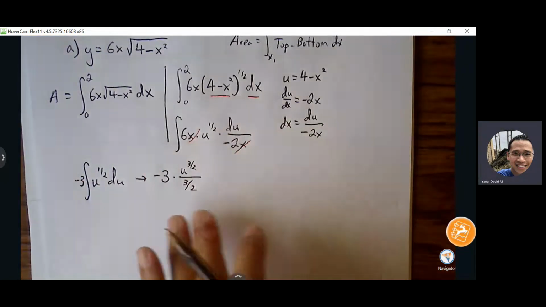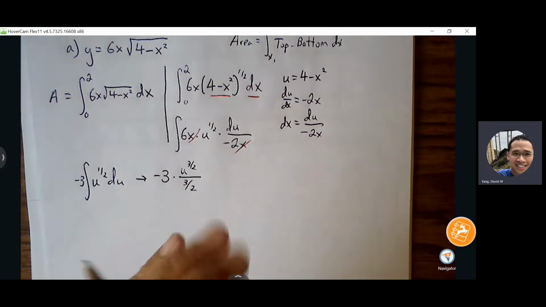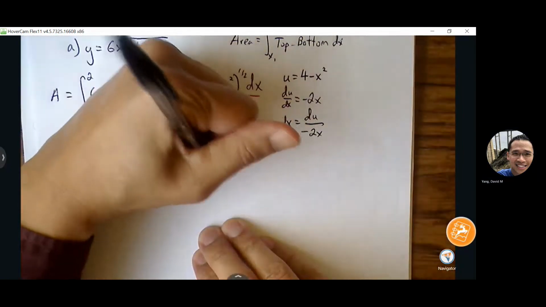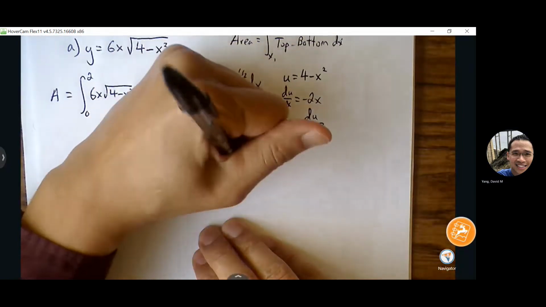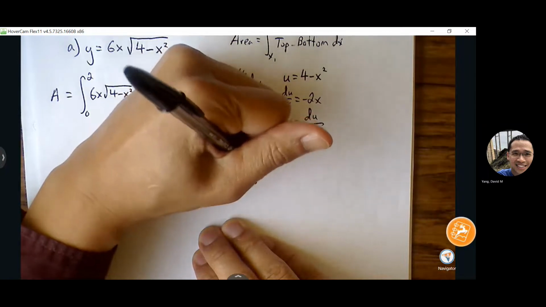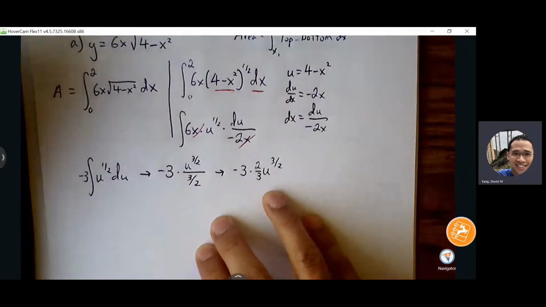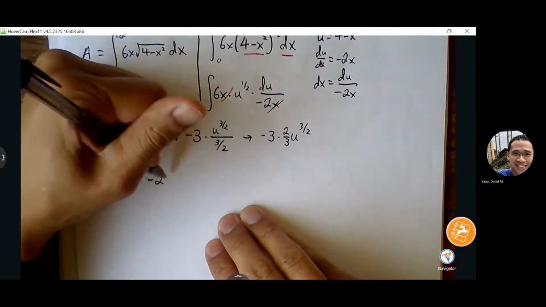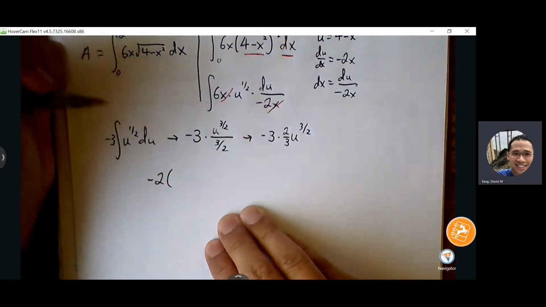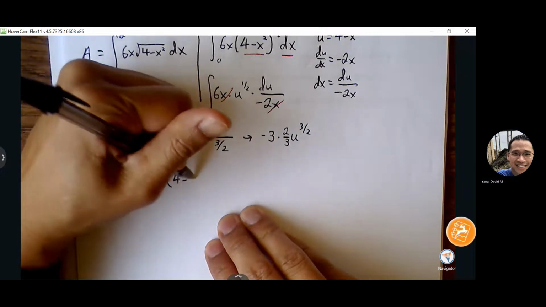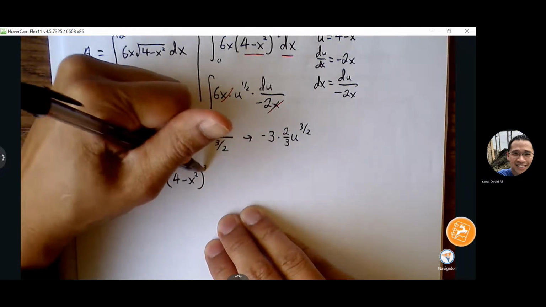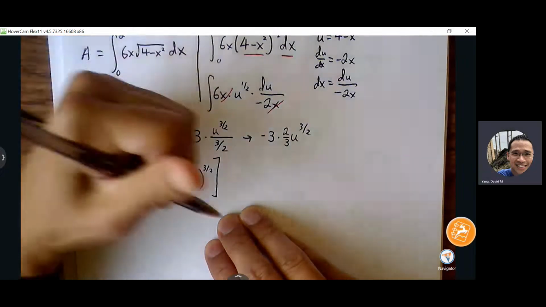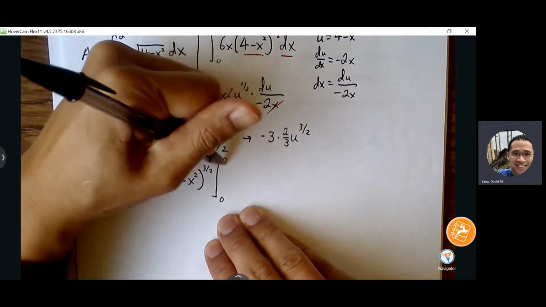We'll flip that fraction, bring the original variable back, and then we can work the bounds in. The threes cancel out. The negative 2 is going to stay. Bring the original variable back. And now half bracket to now work in the bounds.